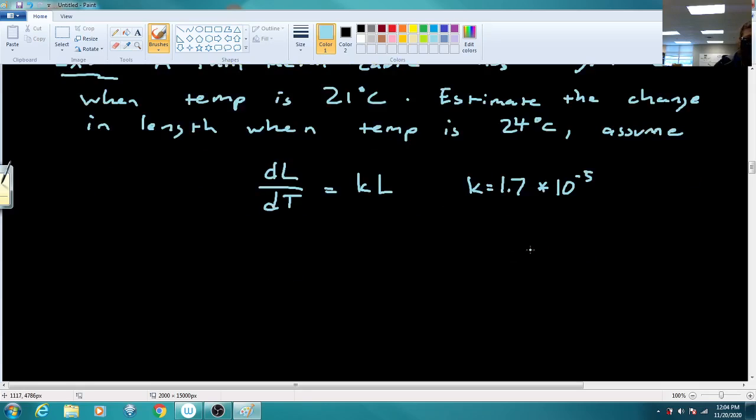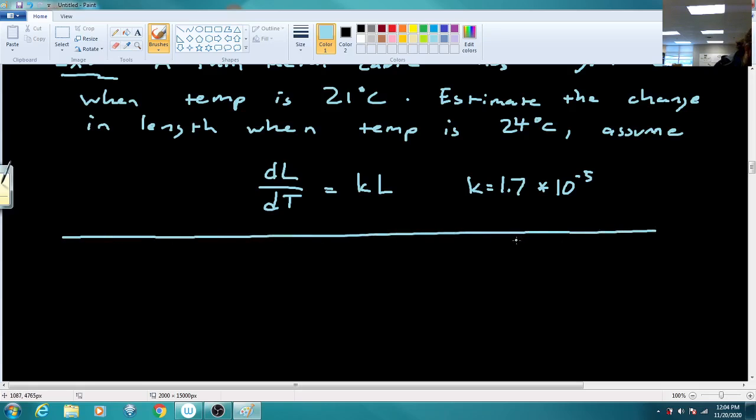And they say that this is a coefficient of thermal expansion. And so basically what we're looking for here is the change in length. So we'll use differentials for this one, and we'll say, okay, we want to find dl.